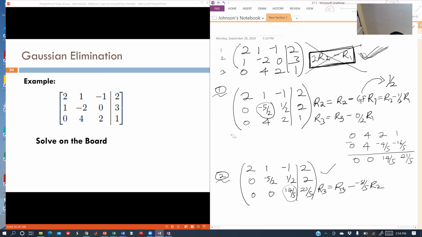If scaling is allowed, I'm very sure you would have written over here that this is equivalent to 2, 1, minus 1, 2, and then multiply your row 2 by maybe 2 to get 0, minus 5, 1, and then 4. Then you have 0, 4, 2, 1.